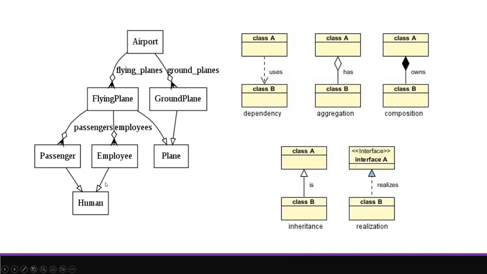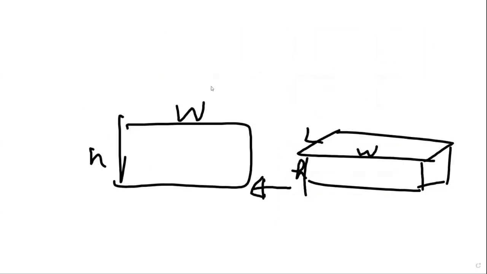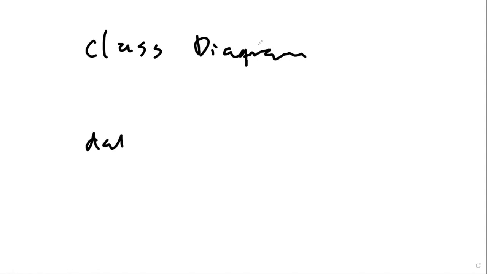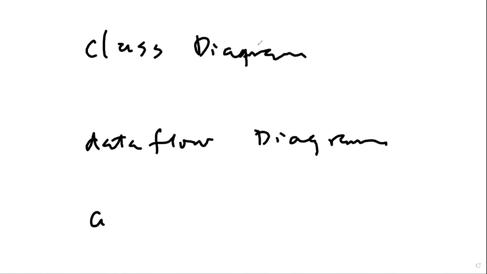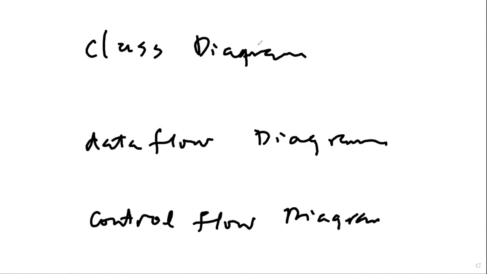Before we define the whole system, we define these different object relationships. Usually we define a few things: class diagrams, data flow diagrams, and also control flow diagrams, sometimes also called a flow chart.